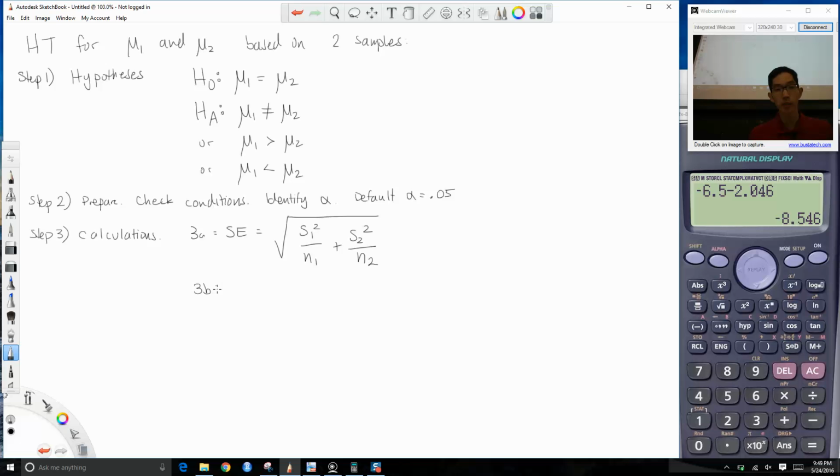3b, our test statistic. T, do you guys recall what it was for proportions? It was p hat 1 minus p hat 2 over SE. Here it's x bar 1 minus x bar 2 divided by the standard error.